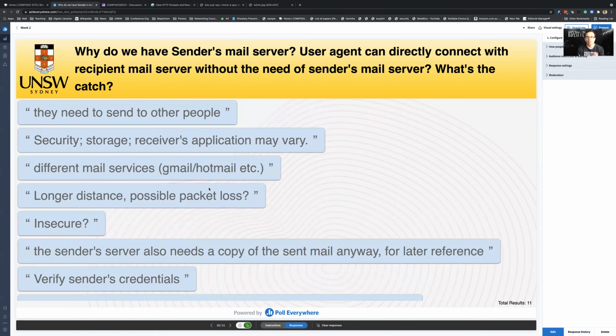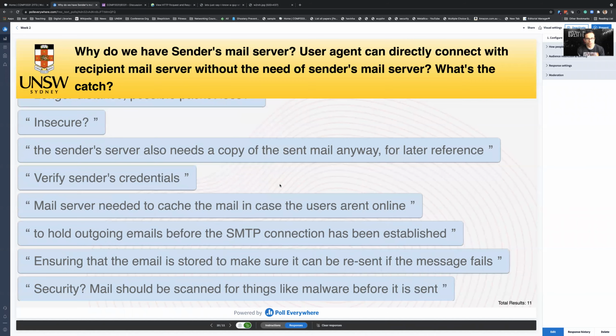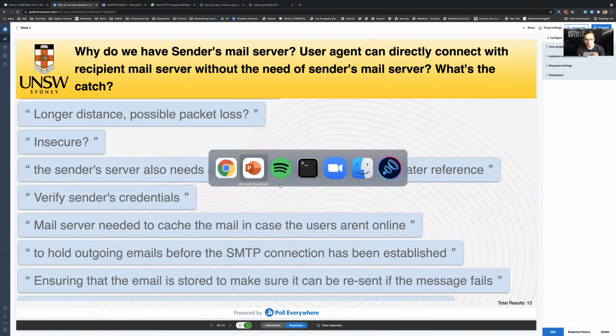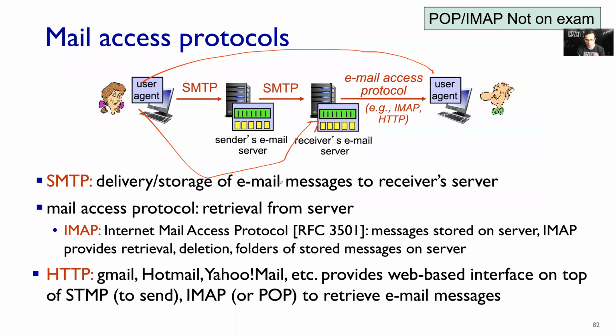What if the connection failed or the recipient couldn't receive the email, right? Because remember, you cannot assume that a sender will be online all the time, right? So we need an intermediary who's going to store the outgoing email in case something wrong happens, right? And then of course some of the other security stuff is also important. So yeah, well done.